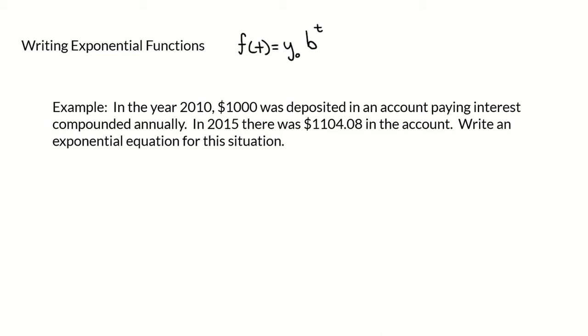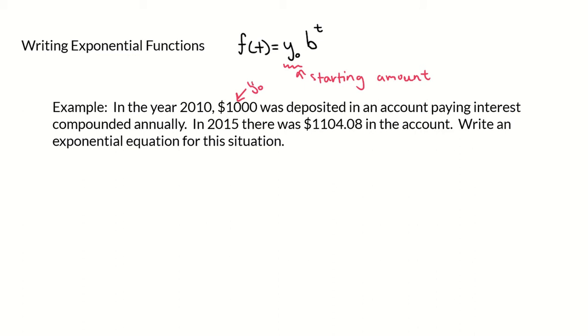So, using the form written above, the starting investment, or the starting amount, is y0. And in this case, that is $1,000.